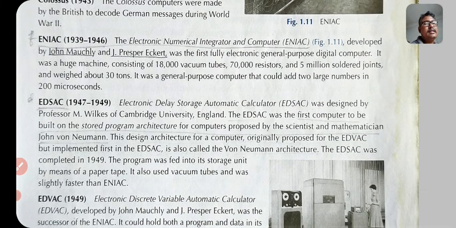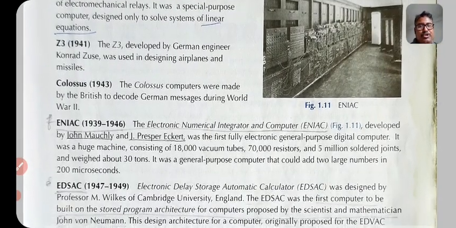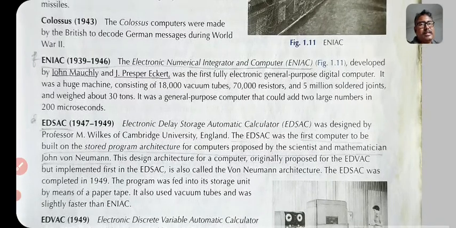So ENIAC was developed by whom? John Mauchly and J. Presper Eckert. This is the first fully general purpose digital computer. The previous ones, which ones? ABC, Z3, Colossus, were for special task purposes.